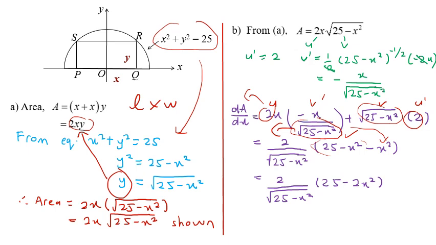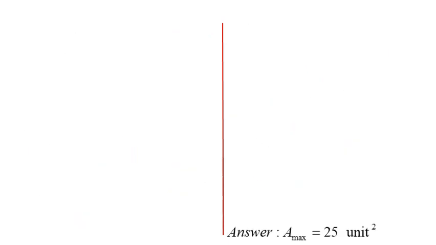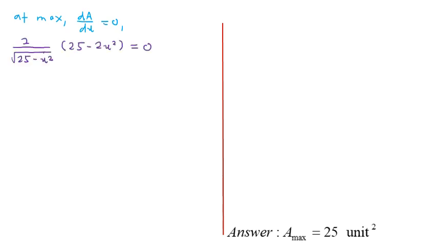Okay, so next, what do we do? After we differentiate, remember, next is the maximum. So we write dA/dx equals 0, so our first derivative we equate with 0.